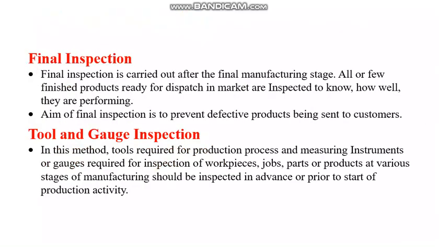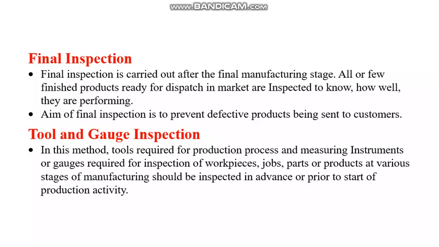Now let us see the final inspection. Final inspection is carried out after the final manufacturing stage. See, last piece inspection is different. Last piece inspection is when the last piece of the lot comes out. Now this final inspection is carried out after the final manufacturing stage.